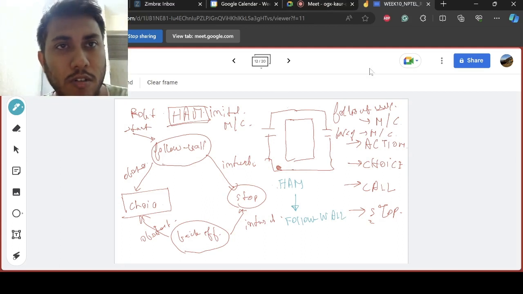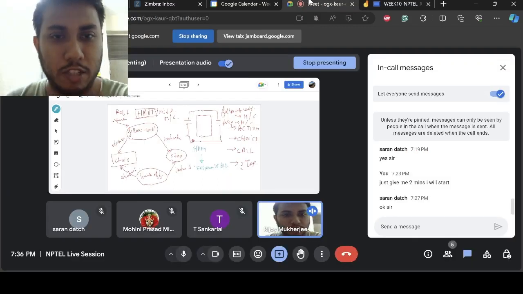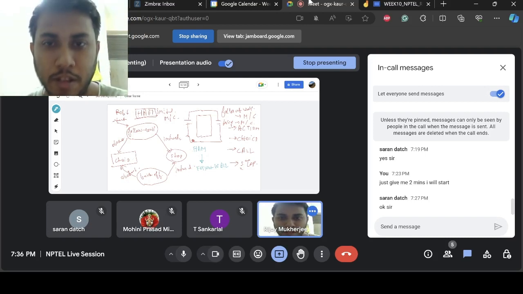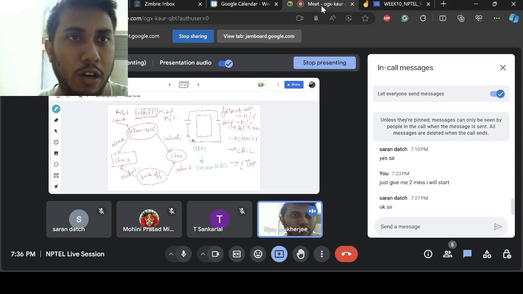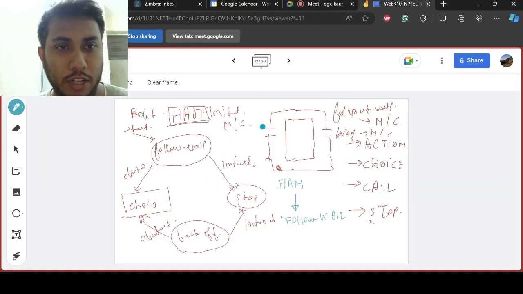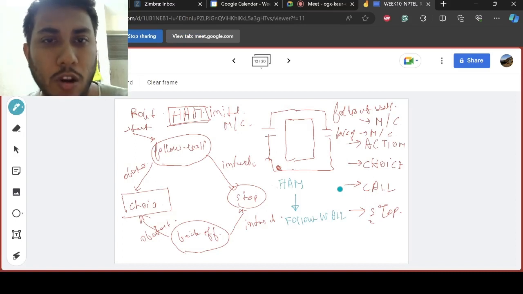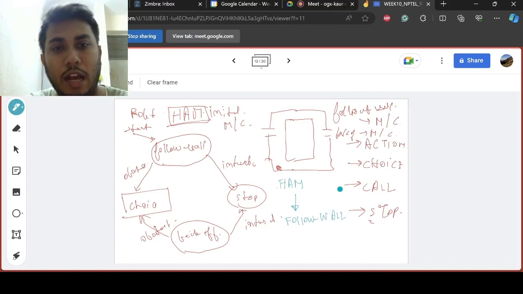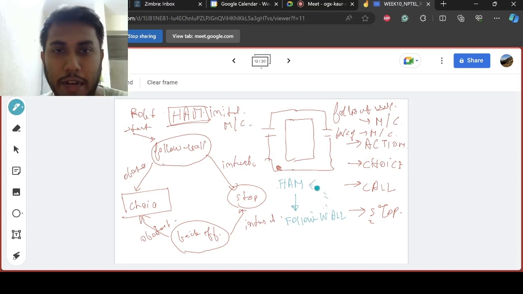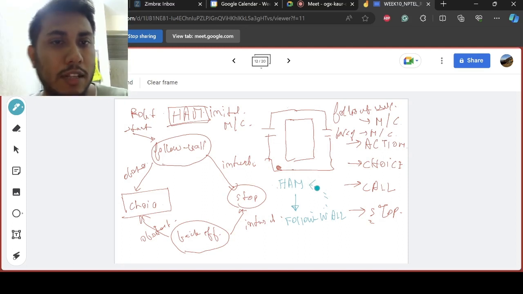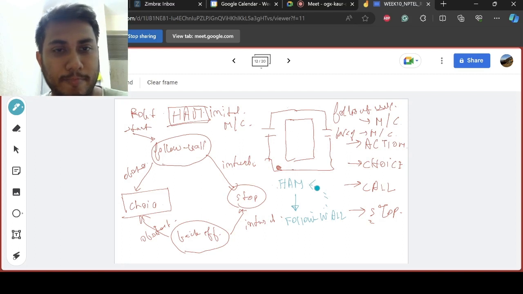What will follow wall do? Follow wall has its own state transition diagram, which is beyond my scope, so I will not think about it. But it will also have all these states: action, choice, call, and so on. When follow wall reaches an intersection, a stop happens. It terminates that machine and returns control back to HAM.